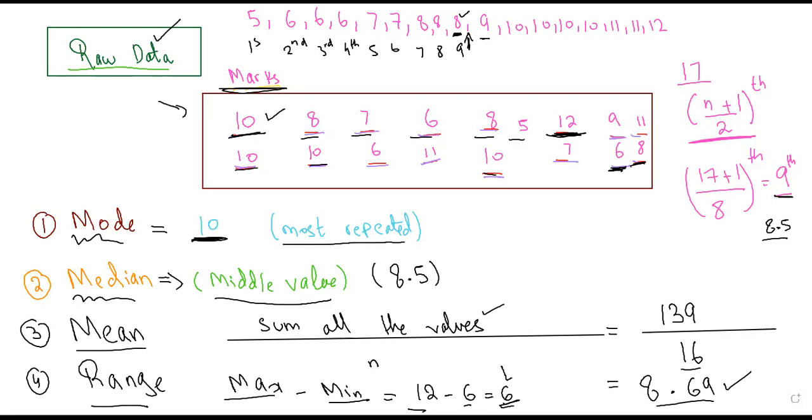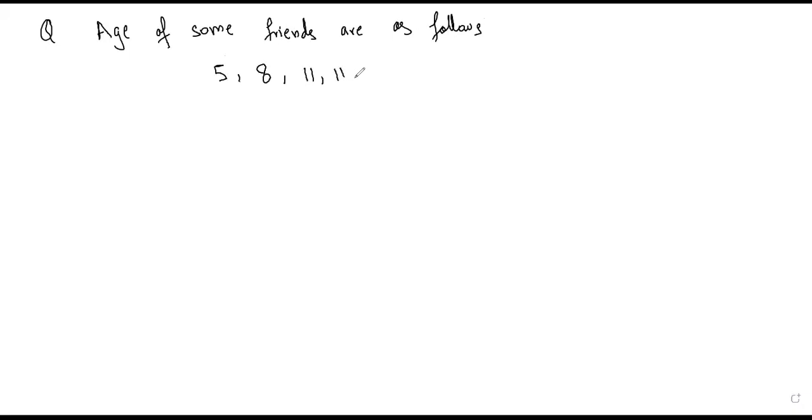All right. Let's talk about another example now. Again, we have raw data. The question is, the ages of some friends are as follows: 5, 8, 11, 11, 4, and 6.